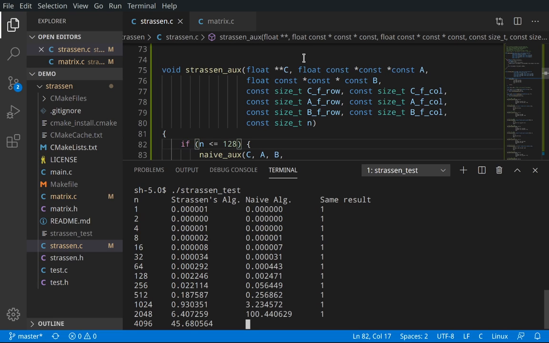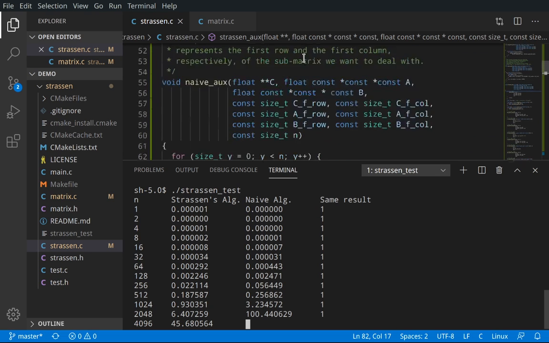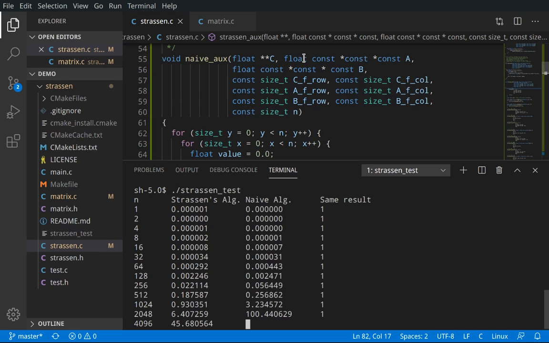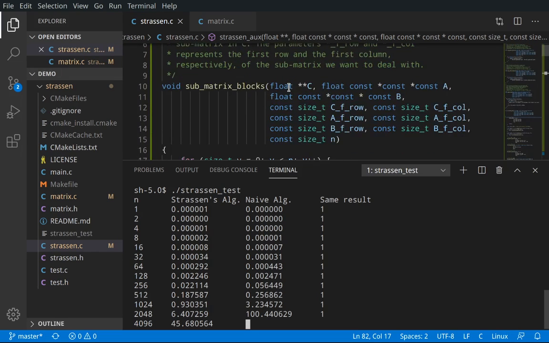So, as I was saying, many of you were concerned about the parameters in the Strassen auxiliary function and in the naive matrix multiplication and so on and so forth.